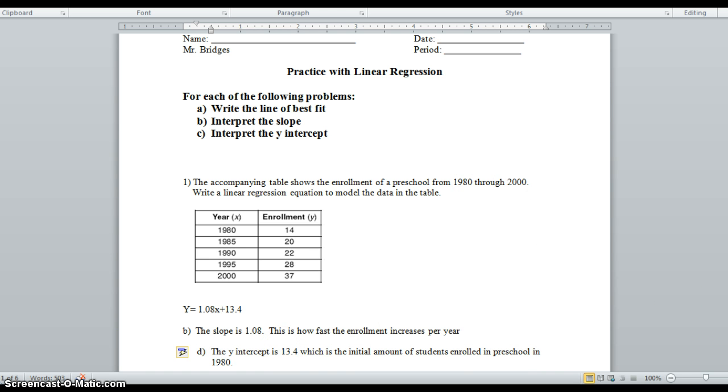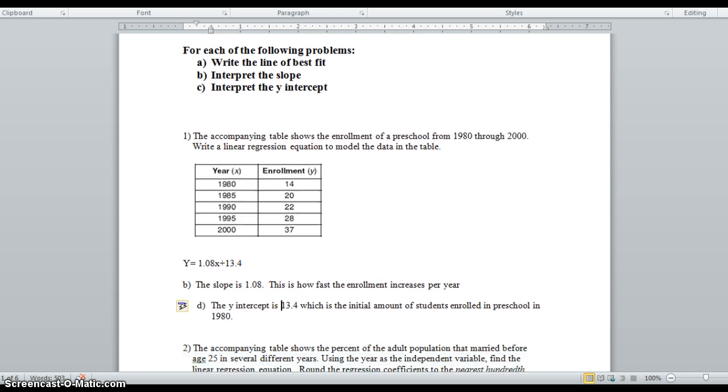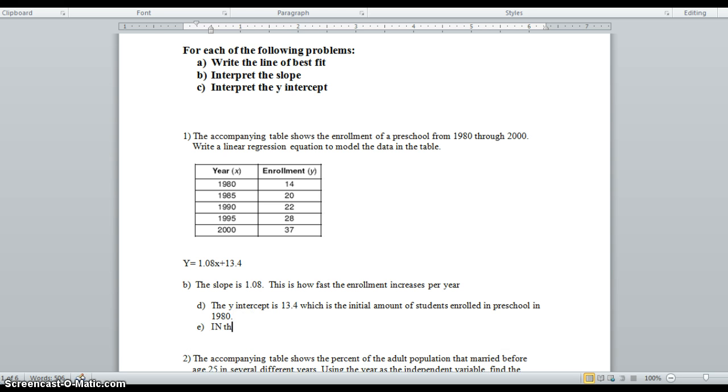Now the next question is to predict the enrollment in the year 2005. So in the year 2005, x is going to equal 25.